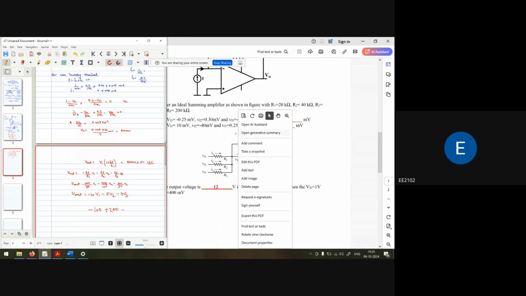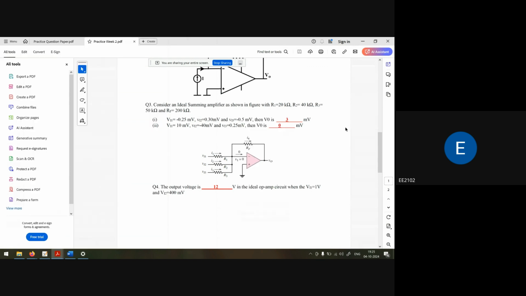If it is 25, it is again minus 100, so it becomes 0 millivolt. And if I am taking 0.25, it is 99, so it becomes 1 millivolt. So if considering 0.25, it is 99. If considering it as 25 millivolts, it becomes 0.